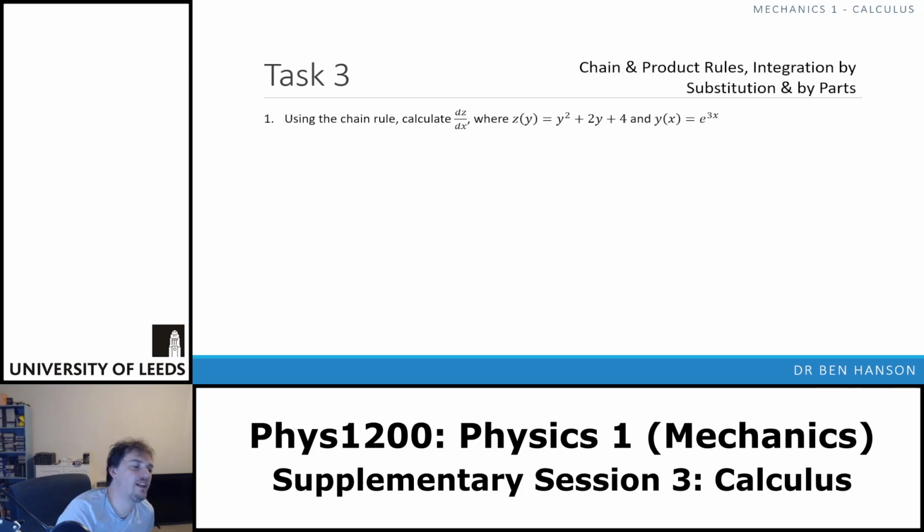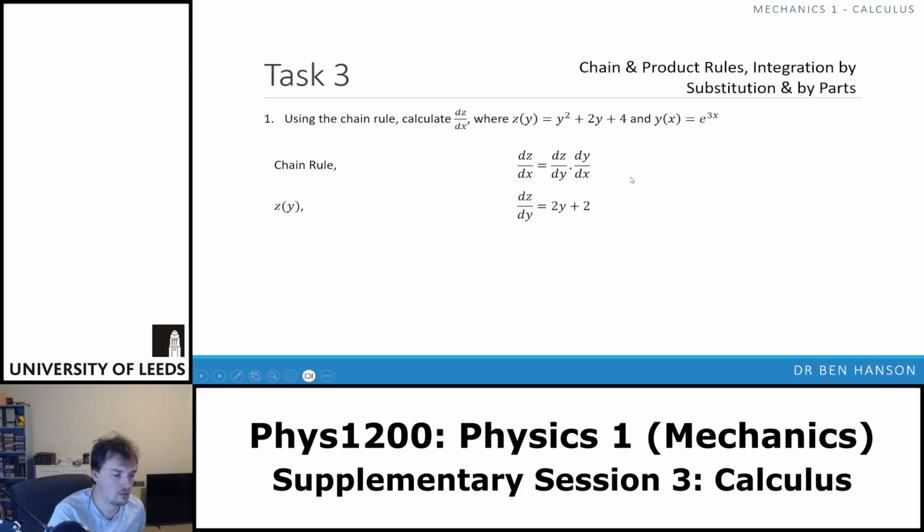Using the chain rule, calculate dz by dx. The chain rule, dz by dx, is dz by dy, dy by dx. That's the product rule. Have I got these confused?